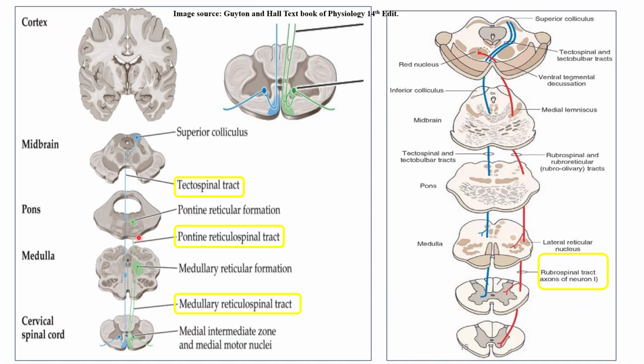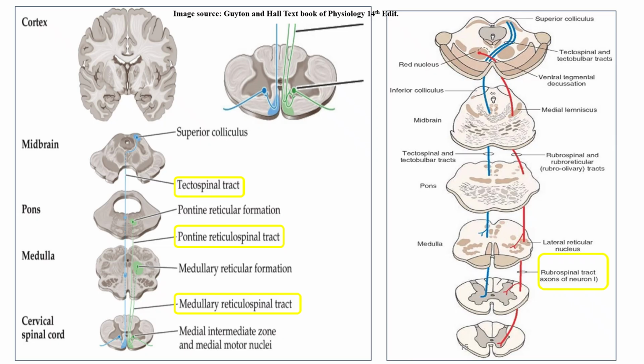They arise from the pons and then they descend downward on the same side. Then comes the medullary reticulospinal tract. Again, they are going to descend on the same side. And here you are going to find the red nucleus that is again present in the midbrain. The fibers are decussating on the opposite side and then later on turn into the rubrospinal tract.